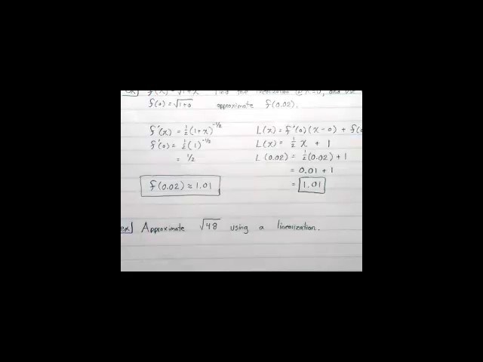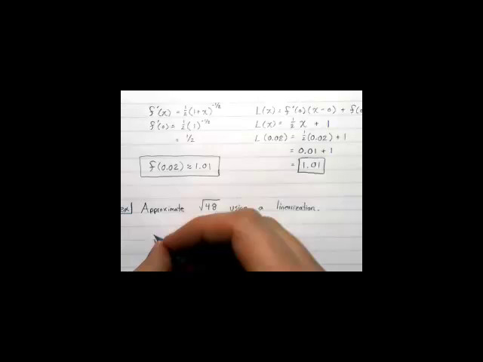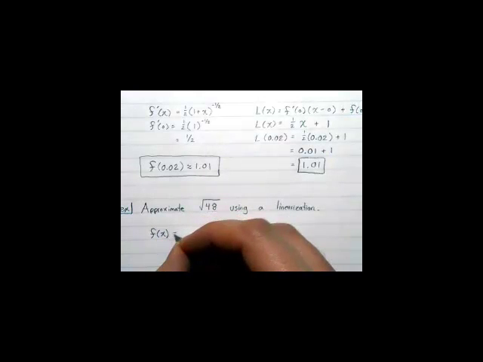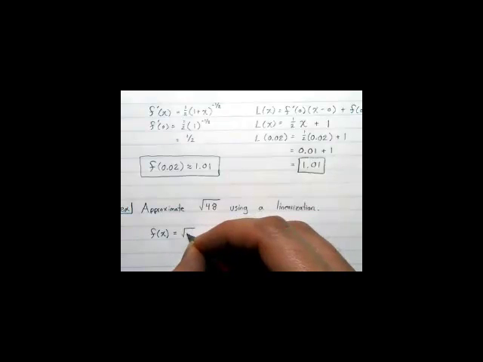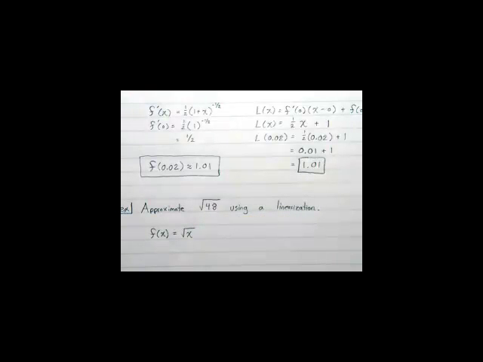Okay? So, for this, you can pretty much just stick with that. F of x equals the square root of x. Now, I want the square root of 48. Is there a square root that is kind of close to that? 49.